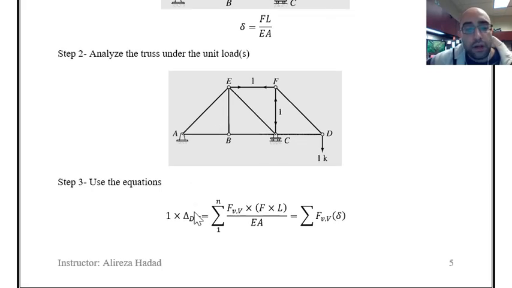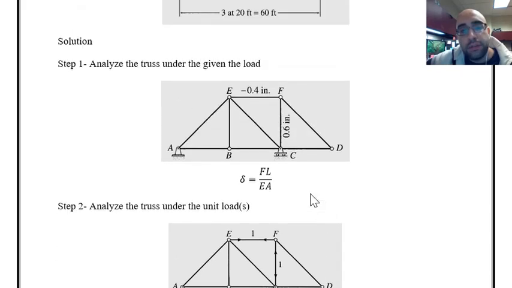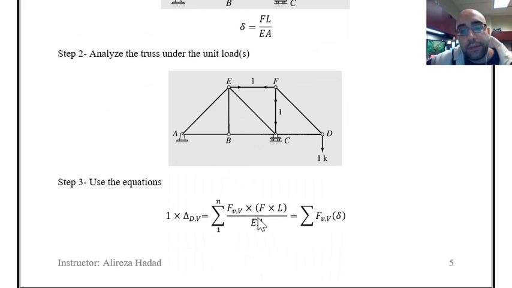So based on the virtual work method, this is the equation. In this specific case, I can replace FL over EA by delta, and this delta will be the initial length error or deflection in the members, right? This is just playing with the equation, and to be honest, this is the very basic form of the virtual work method.